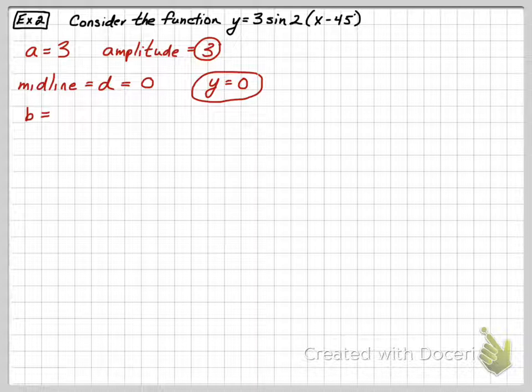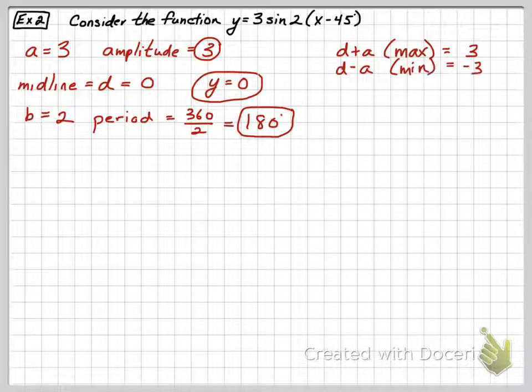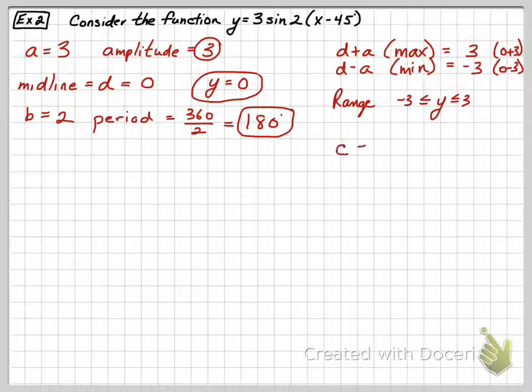B is 2, so my period is going to be 360 divided by 2, which is 180 degrees. D plus a is 0 plus 3, which is 3. D minus a is 0 minus 3, so our minimum is -3. Our range, that means, is y less than or equal to 3, but greater than or equal to -3.